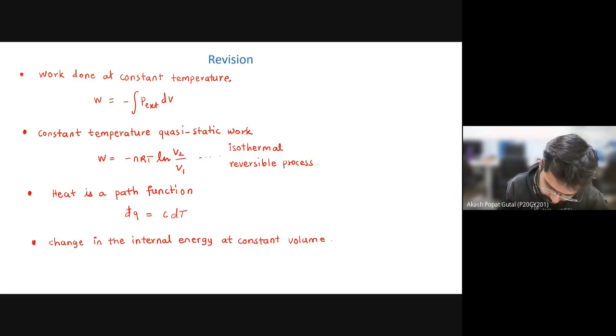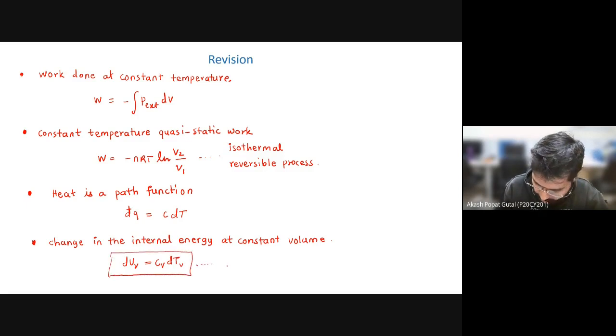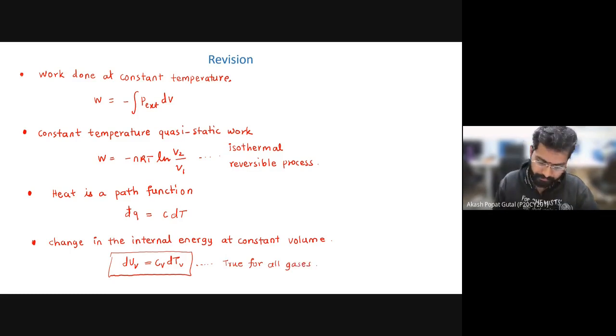The change in internal energy at constant volume, we have given that it's CV dT, right? And this expression is true for all gases.